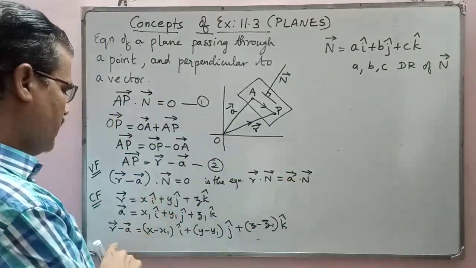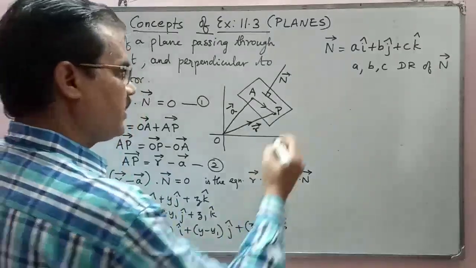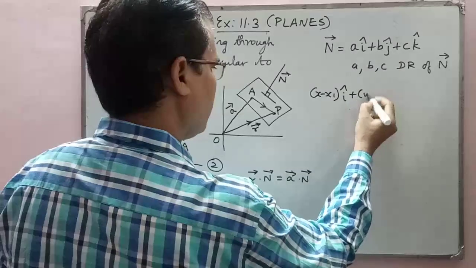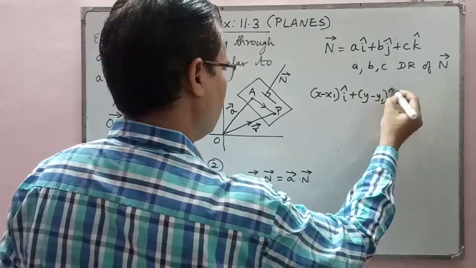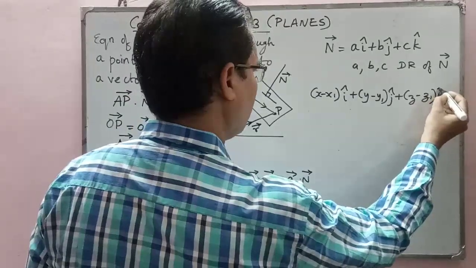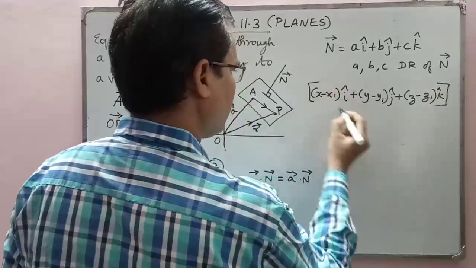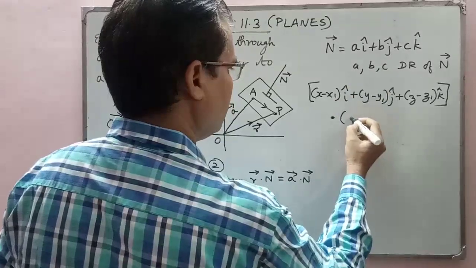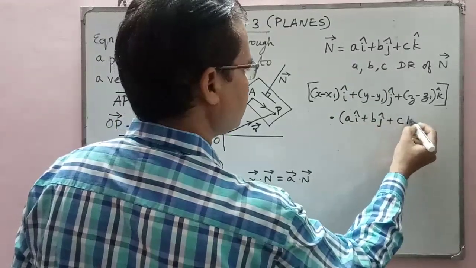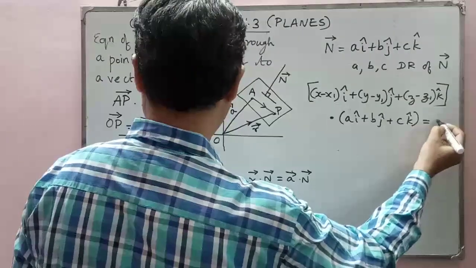Okay, now substitute in this one. r vector minus a vector is x minus x1 i cap plus y minus y1 j cap plus z minus z1 into k cap, dot product of ai plus bj plus ck equals 0.